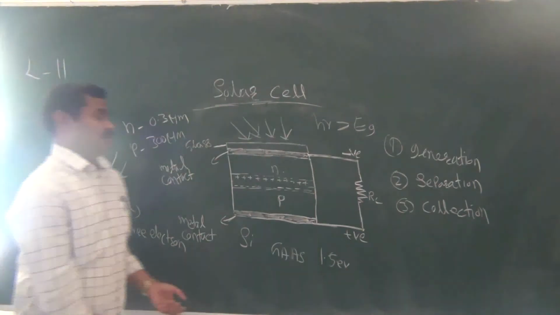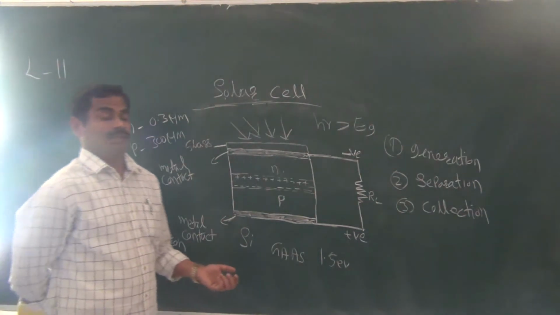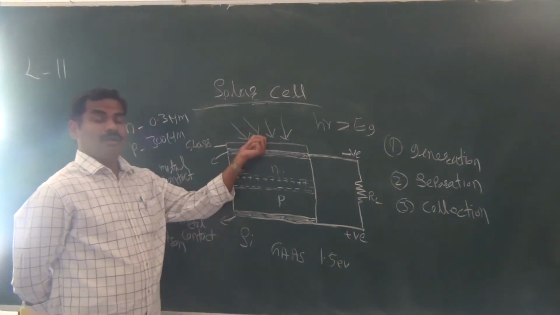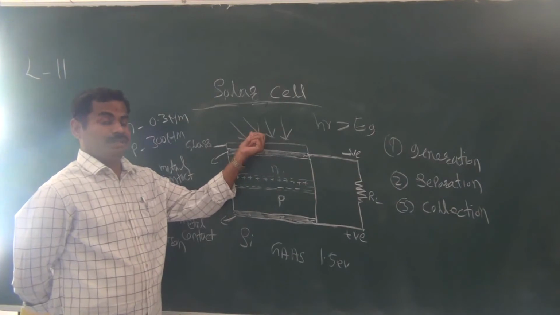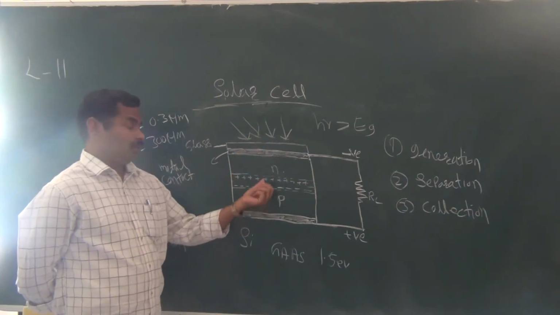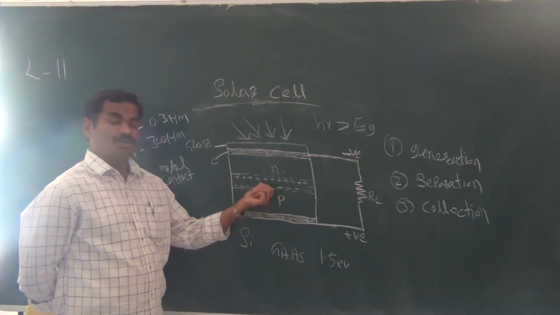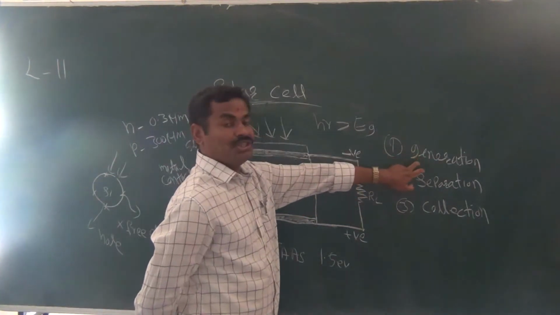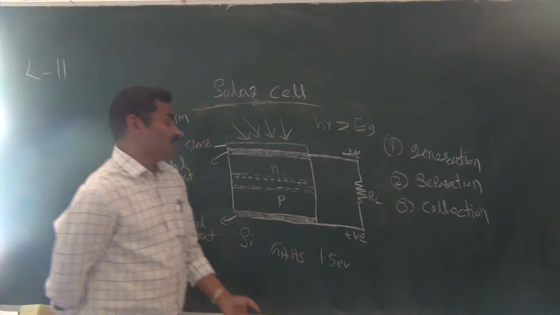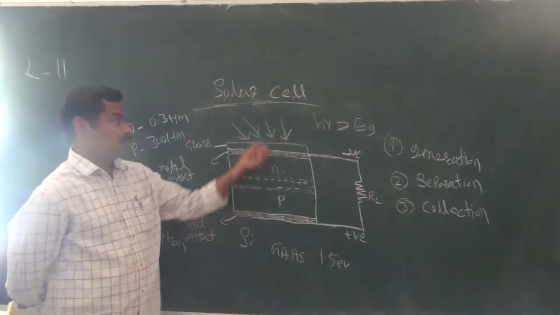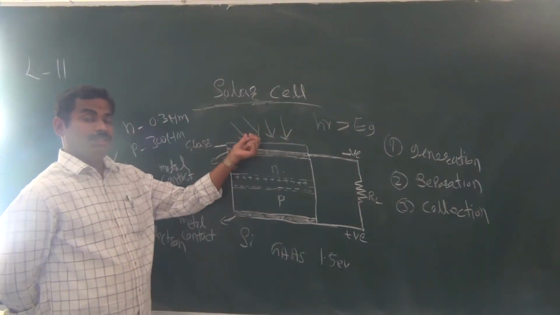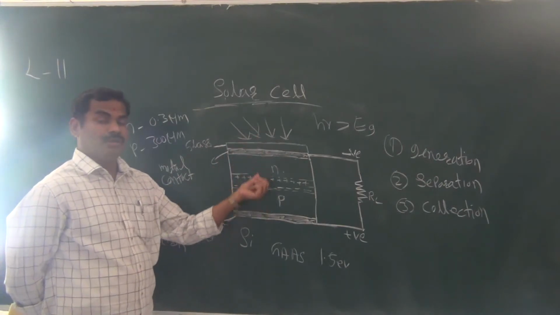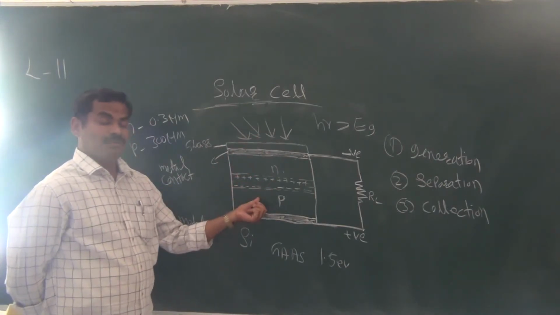So because of the high intensity light energy, we break the bonds and electrons and holes are generated. First, generation: the generation of electron-hole pairs is due to the high intensity light falling on the PN junction. Then what happens?